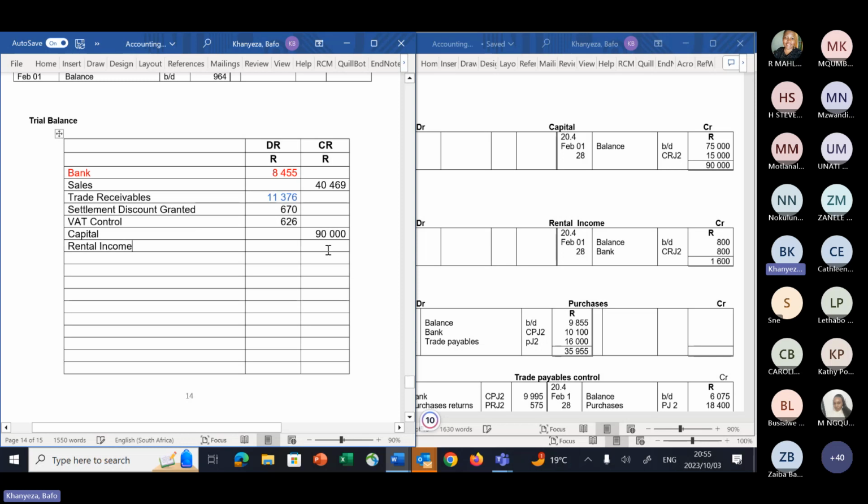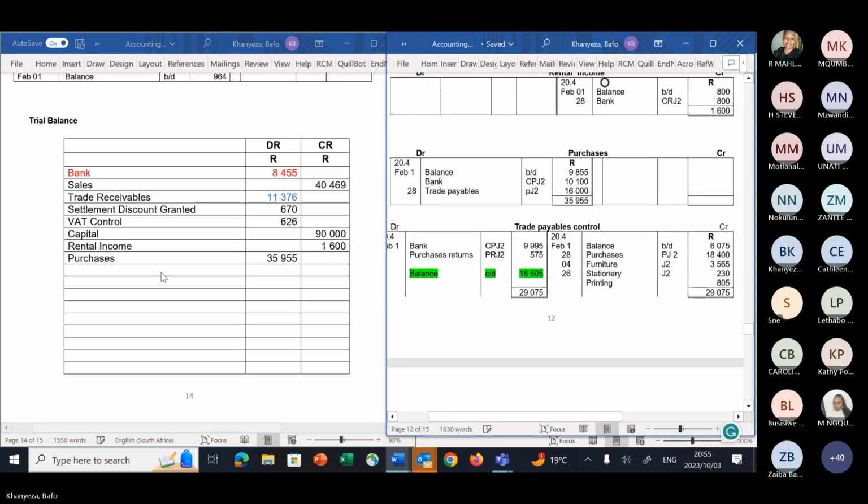Also, yes, you must help each other. Then purchases. It makes the class go faster if you are helping each other. 35955. Then trade payables.